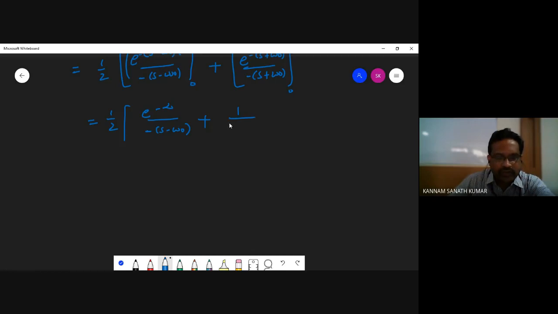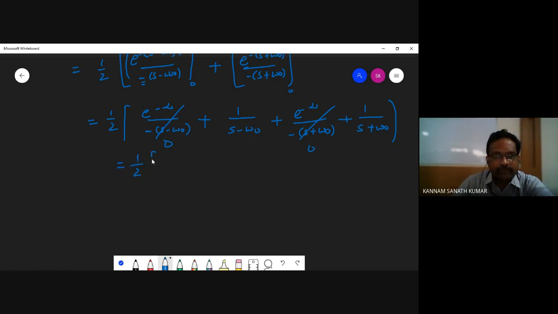Upper limit minus lower limit, and minus into minus is plus, so you get 1 by (s minus omega naught). Similarly plus e power minus infinity divided by minus (s plus omega naught), and again minus into minus is plus, so plus 1 by (s plus omega naught). The e power minus infinity terms are 0.